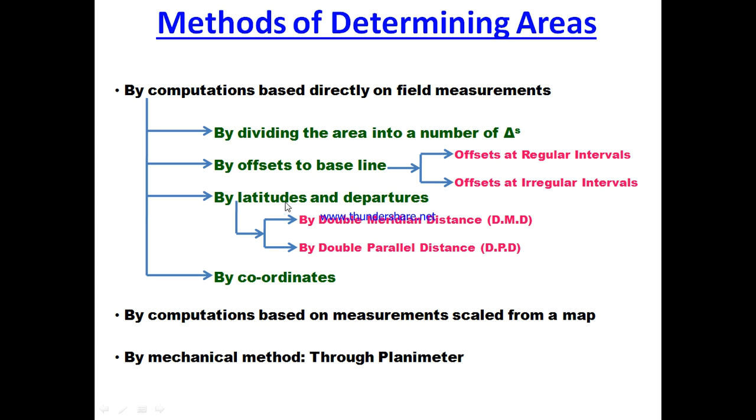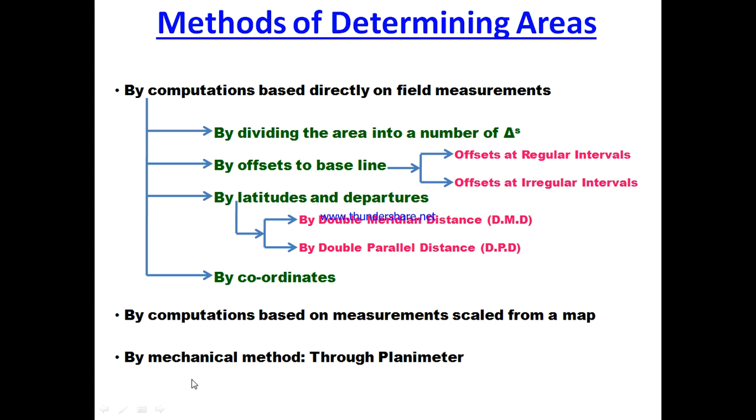Now in the coming lecture we will cover the latitude and departure method, how to determine the area by using double meridian distance or double parallel distance, and then by using coordinates as we did here, in the irregular interval case, we can calculate the area of the given entity.